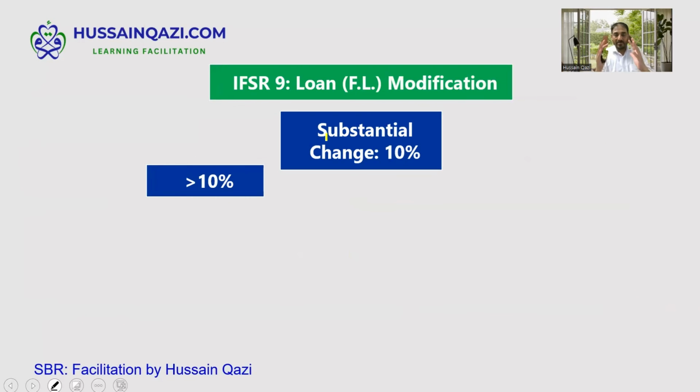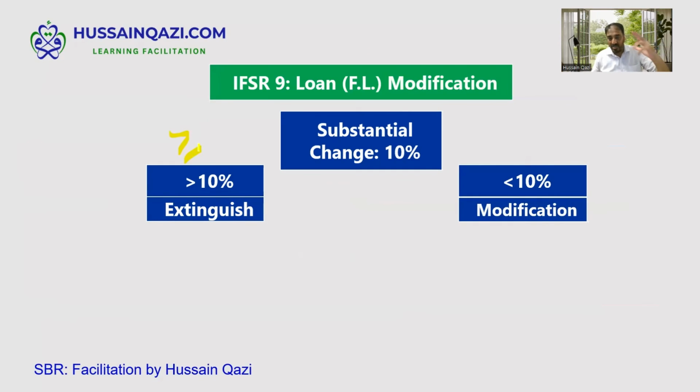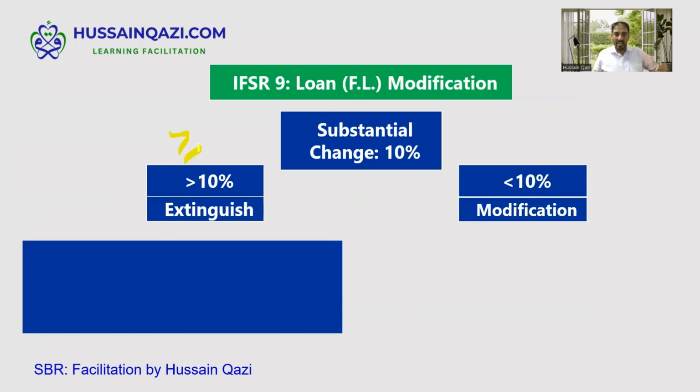If the change is more than or equal to 10%, it's called extinguishment. If it's less than 10%, it's called modification.